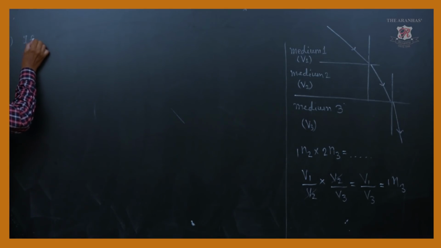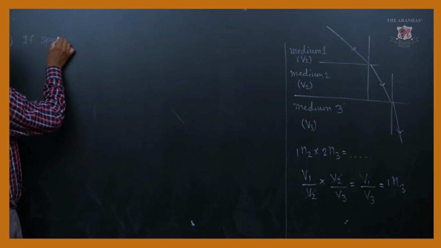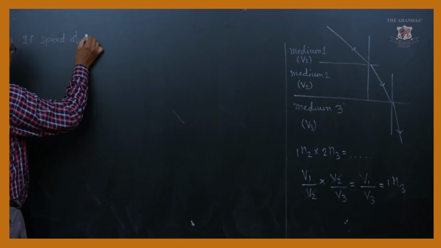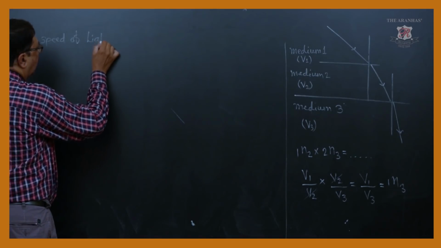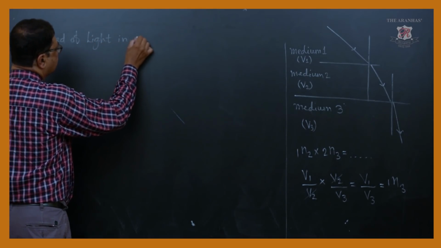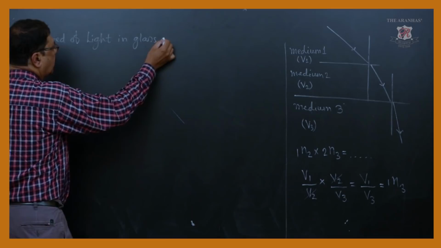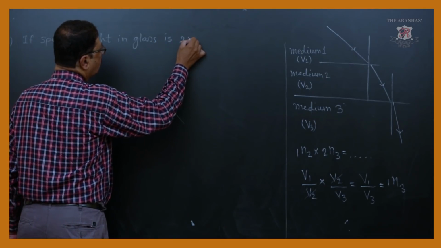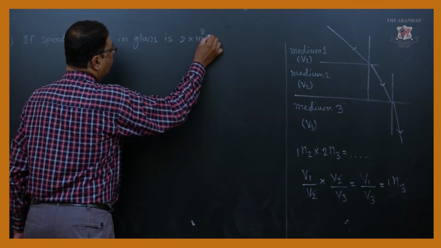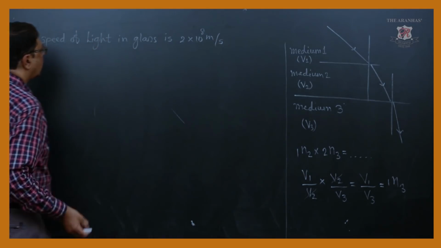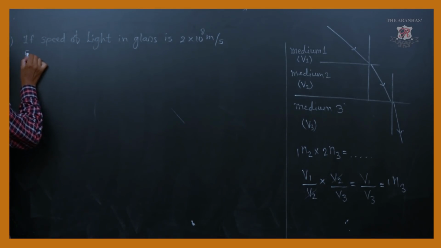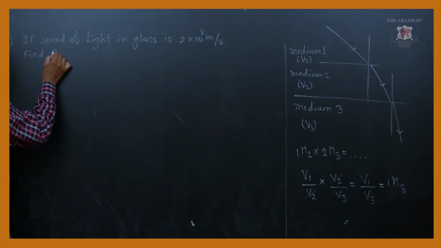If the speed of light in glass is 2 into 10 raised to 8 meter per second, find the refractive index.